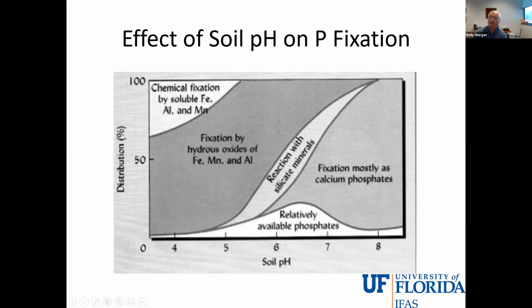And then you have chemical fixation as you go below 5.5, or 4.5, excuse me. And there, the fixation is much stronger and very difficult to go back into solution. Same thing occurs with calcium on the other end as you go above 7.0.